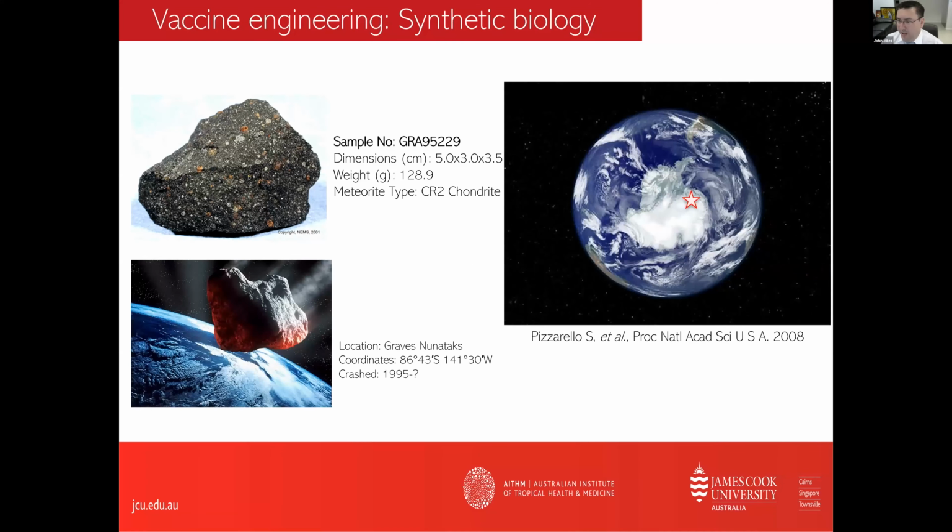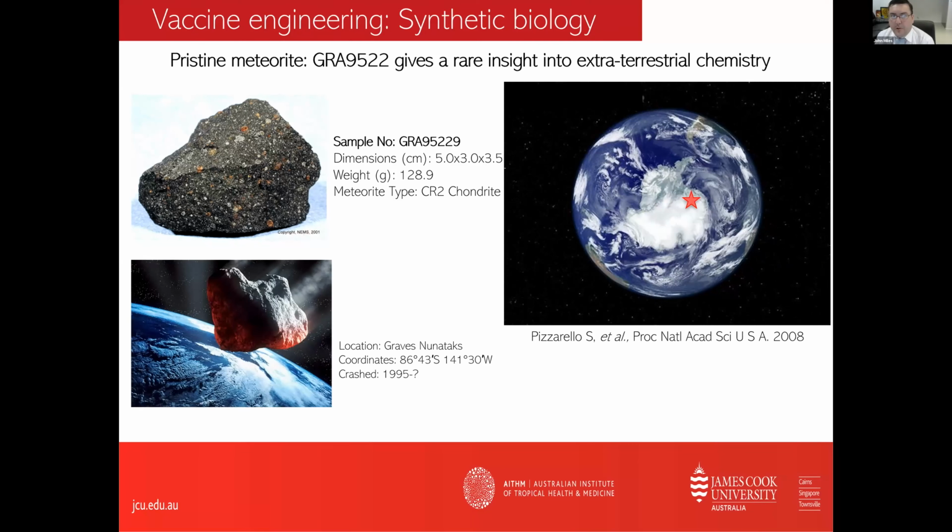I'll just go over this quickly. This is sort of where the synthetic biology comes in. This is what's called a pristine meteorite, called GRA9522. And it gives us a rare insight into extraterrestrial chemistry.